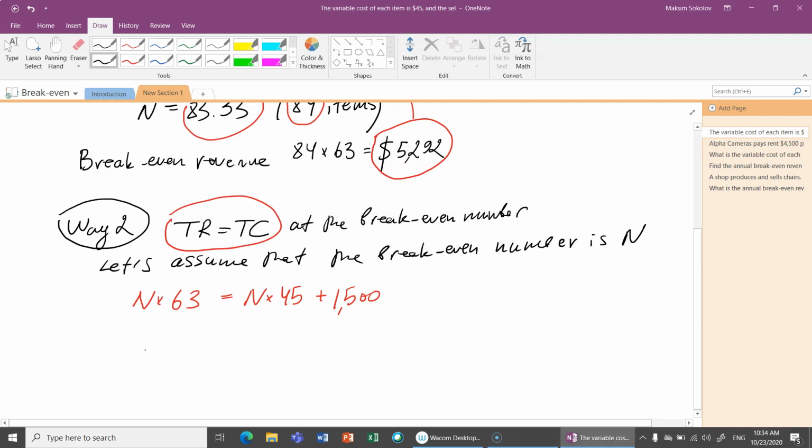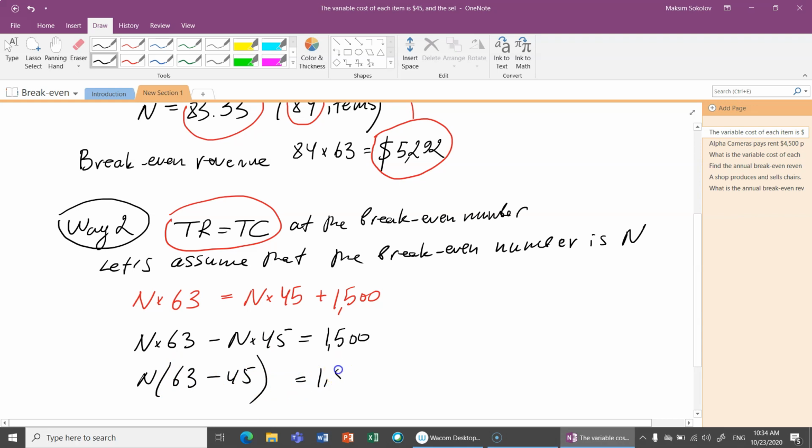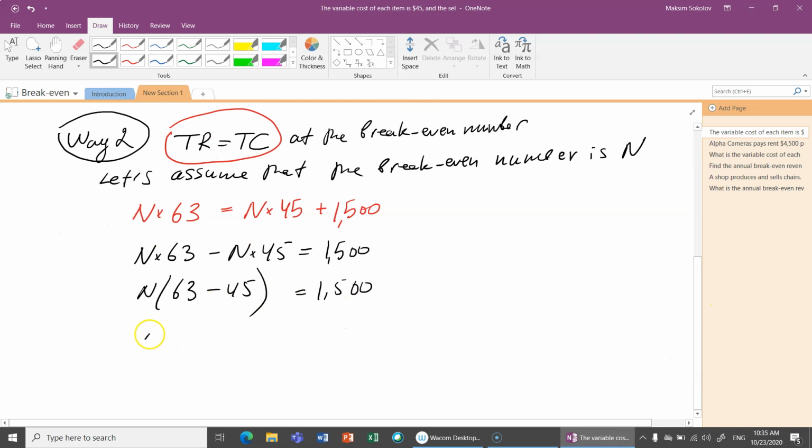Now let's solve this equation. We move all unknowns to the left side, n times 63 minus n times 45, and on the right side, we have 1,500 left. We will factor out n, and here we go. So n times 18 equals 1,500.